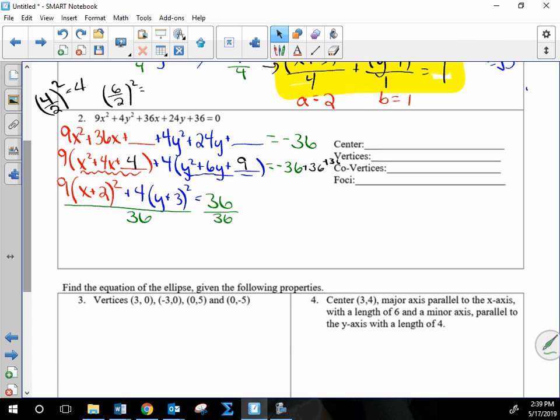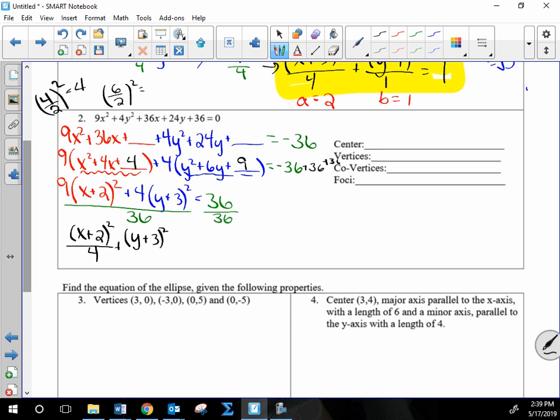Okay, so our equation would be x plus 2 quantity squared divided by 4, plus y plus 3 quantity squared divided by 9, equals 1. Yay! Oh my goodness, this is so satisfying to complete the square.